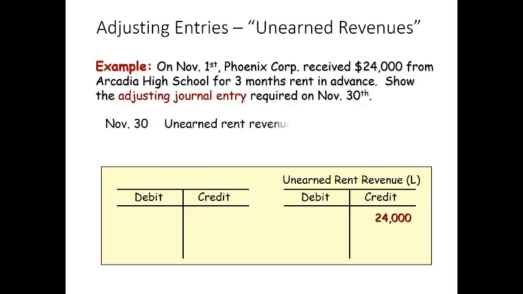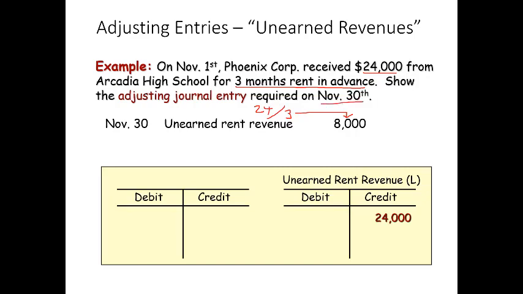All right, so here's the adjusting journal entry. We had 3 months rent in advance, $24,000. 24 divided by 3 is going to give you this $8,000 of revenue that we earn after 1 month has passed. So November 1st is when we entered into this contract.